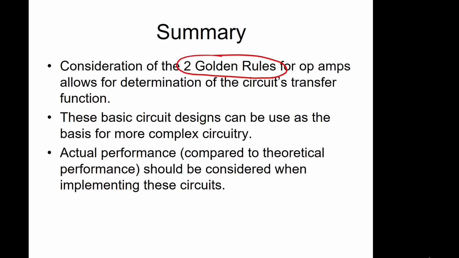Then we can work out what the transfer functions are of a lot of different circuits. We can build up more complex circuits by simply using these basic circuits as building blocks and combining several of them to make a more complex circuit. So we'll look at doing that in tomorrow's circuit design session.